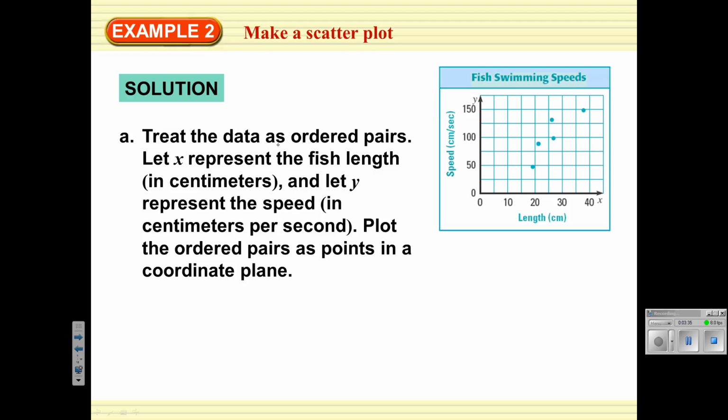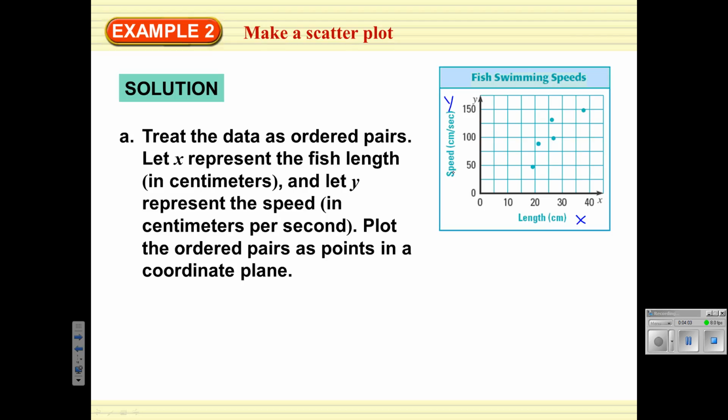So we're going to treat the data as ordered pairs, and let x represent the fish length in centimeters and y represent the speed in centimeters per second. Now, the reason we're treating length as x and speed as y is because we're trying to see if length has anything to do with speed. Length would be our independent variable, and speed would be our dependent variable. Is speed related to length?